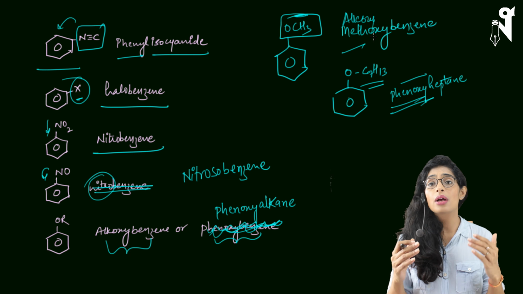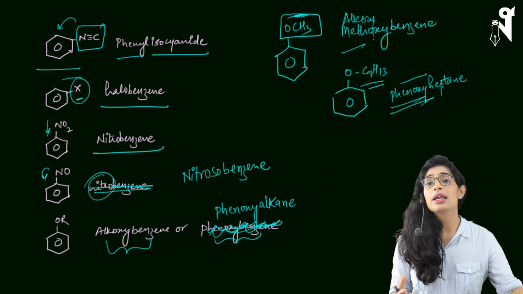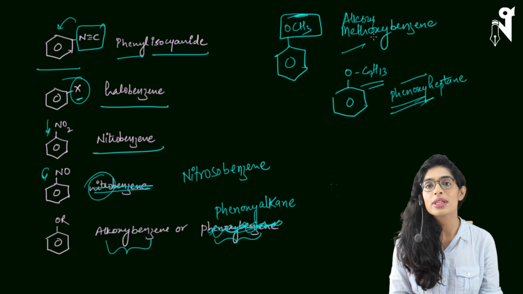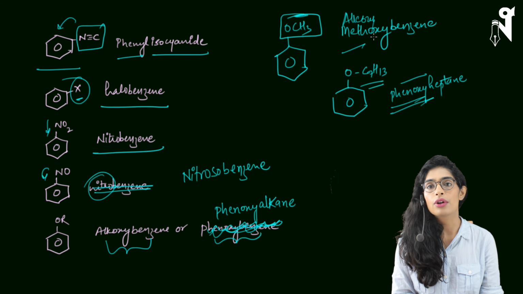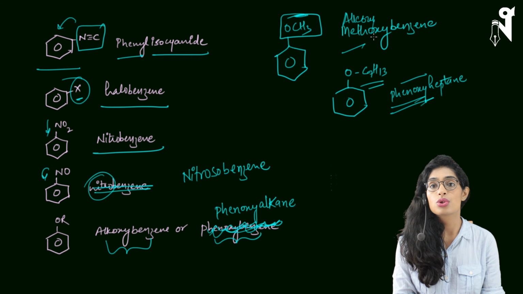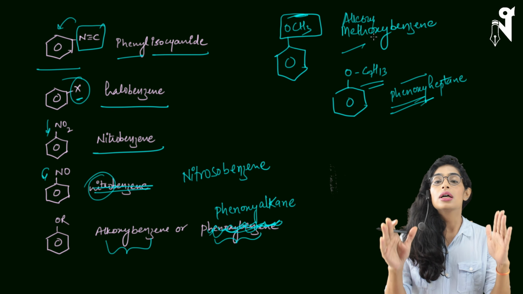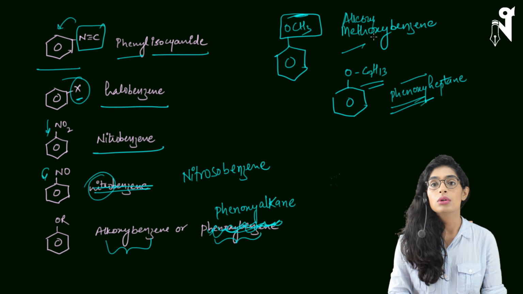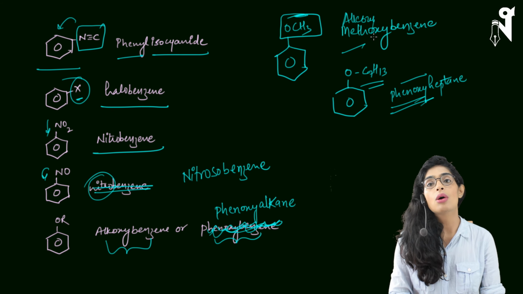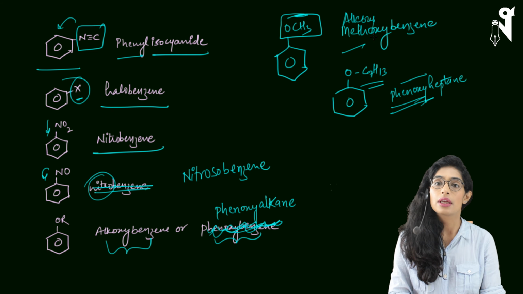So these chapters are going to have all of these names, and unless you know how to name a compound or how to identify a compound with its name, it's going to be really difficult for you to learn anything in those chapters. So this is a very basic fundamental thing, and by now you should be very thorough on how to name a compound or how to identify a compound if a name is given.